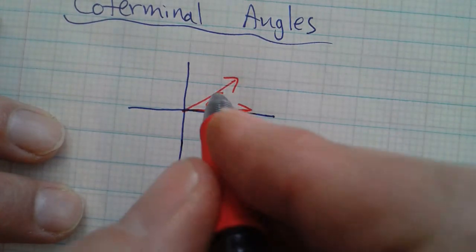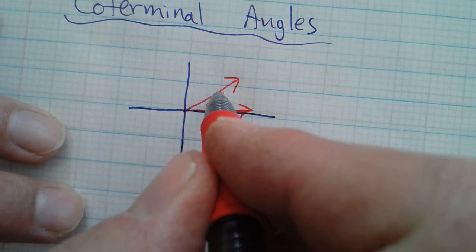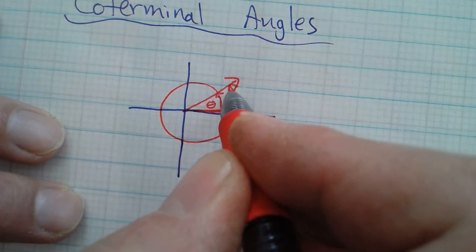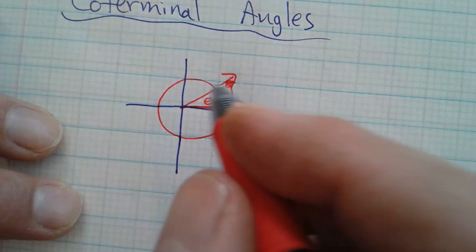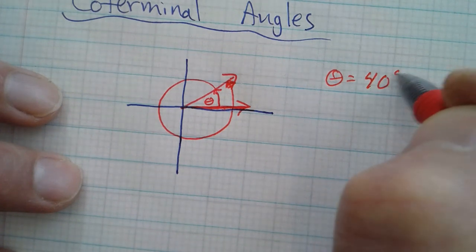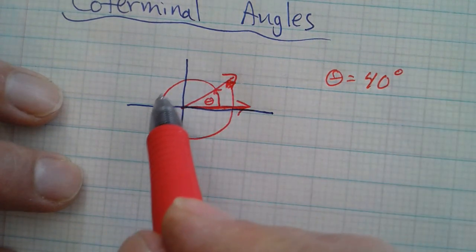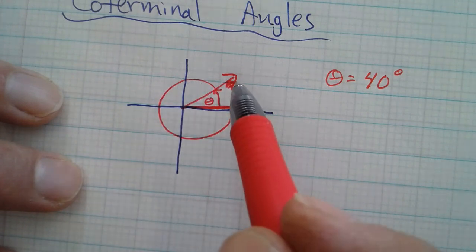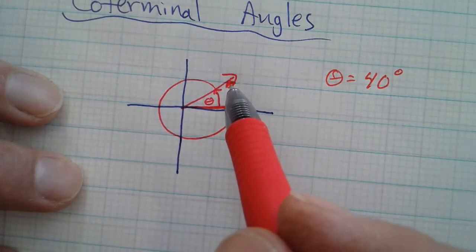That's different than theta. What we could do is we could go all the way around and then go back to where we were. Let's say our initial angle was 40 degrees. How big is this angle right here? Well, we've added one whole revolution, and one revolution is 360 degrees.